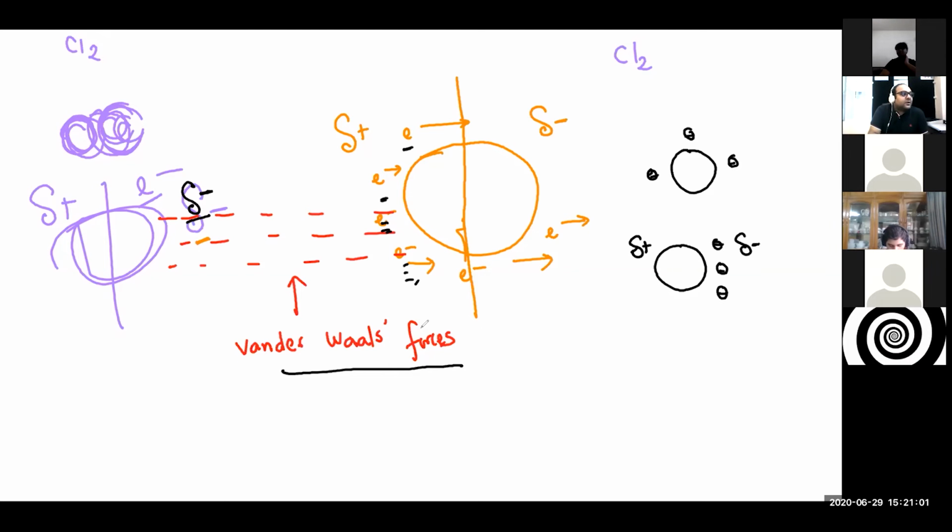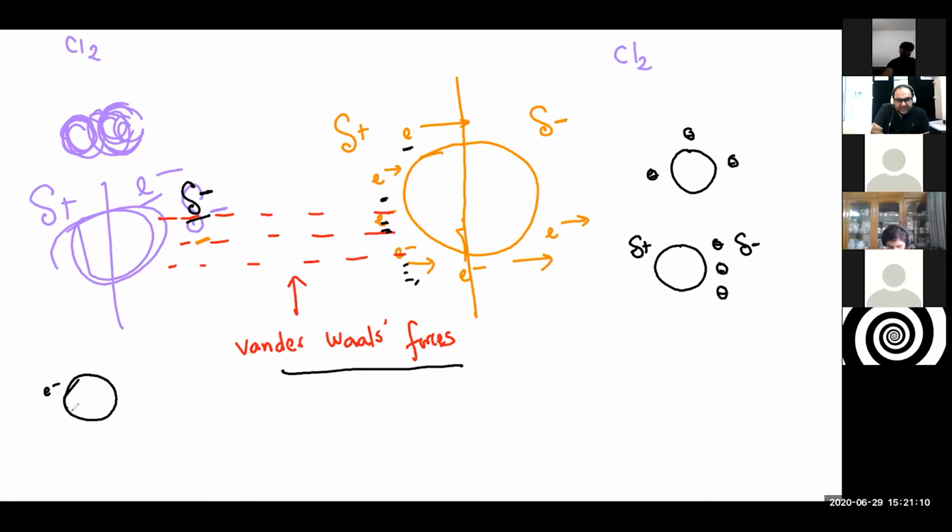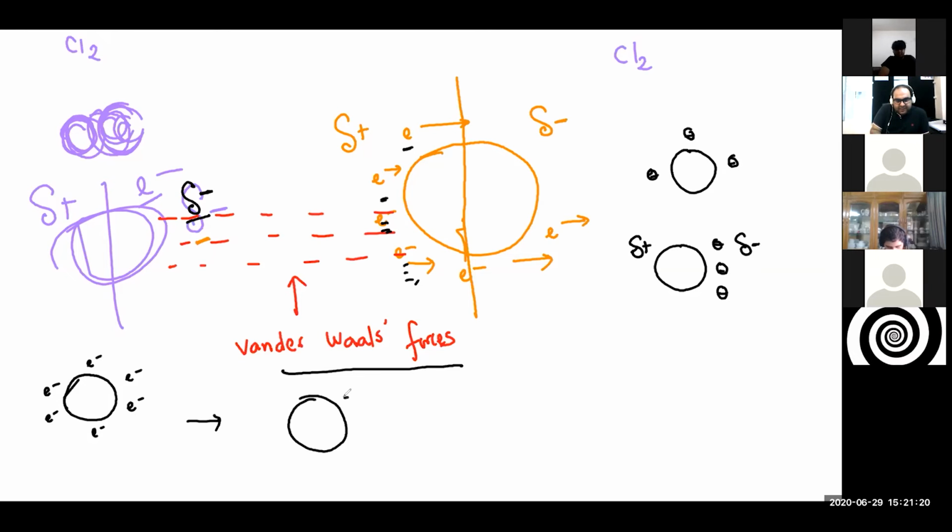Why? Because this is nothing permanent. It could be that the molecule was something like this, we had electrons here, and suddenly all the electrons came to this side.